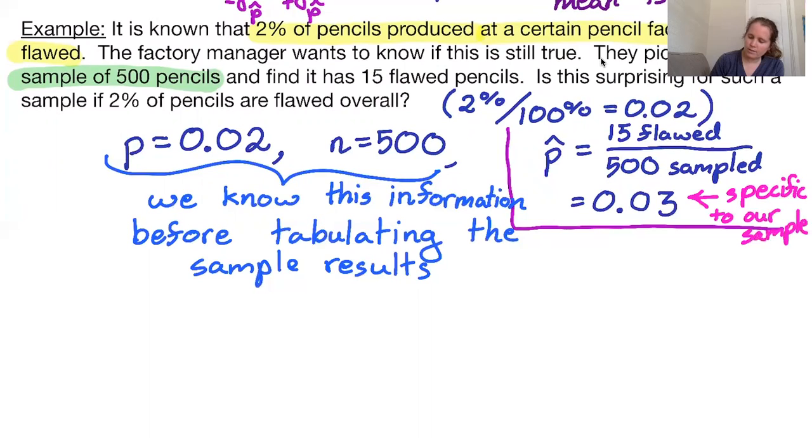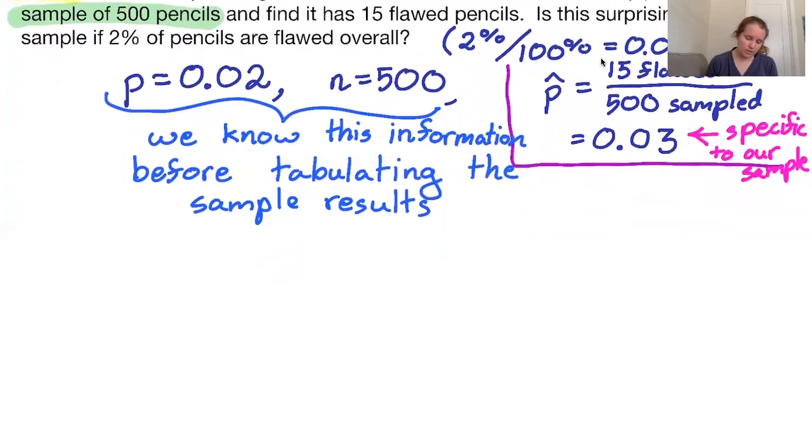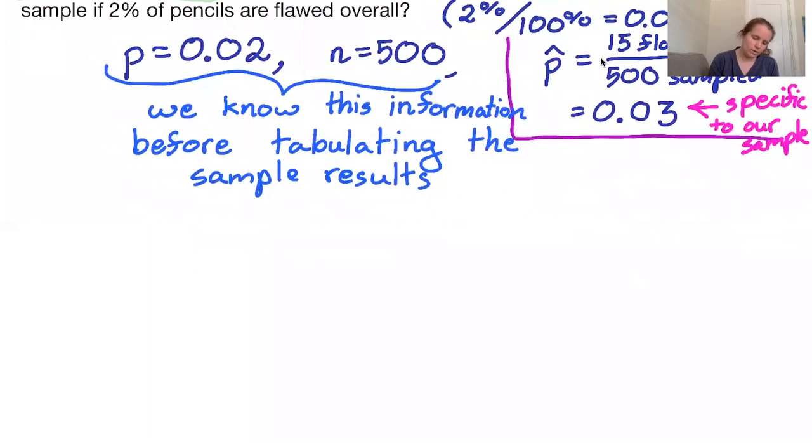So when we do our sampling distribution, it's just based off of the generic information. The stuff specific to our sample only comes in when we try to figure out if that sample is surprising or not. So using the more general information, the first thing we need to do is study our sampling distribution.